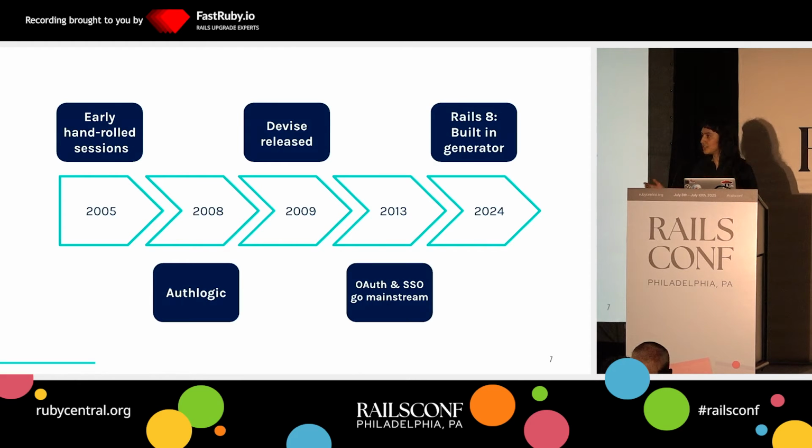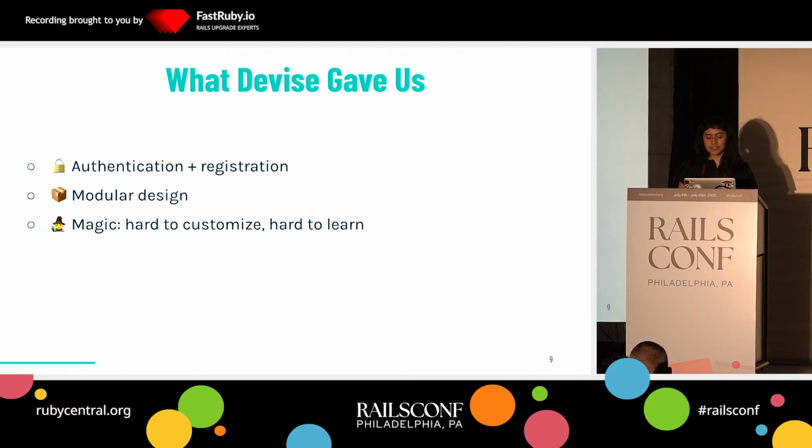And over a decade later, Rails is finally shipping with an authentication generator in its eighth version. This gives you a working login flow out of the box while still letting you customize, extend and understand the full stack. I want to pause here a little bit because Devise is in my heart.